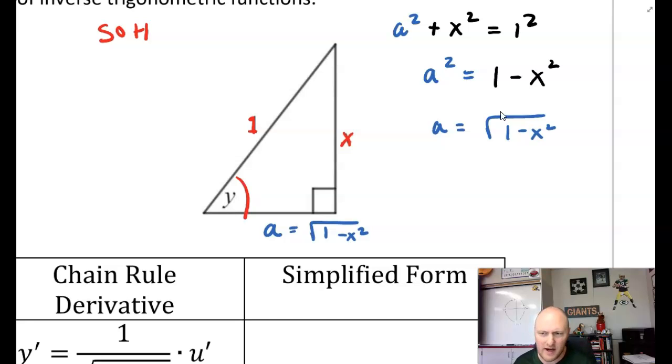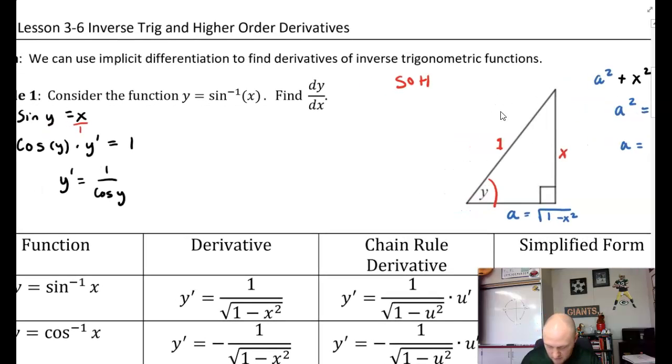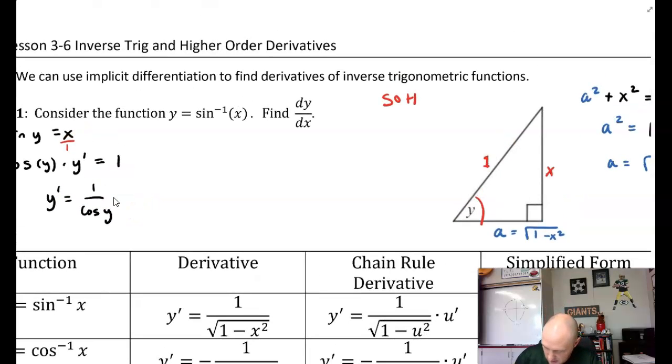But why did I do that? Well, remember, I have the derivative of arc sine as 1 over cosine of y. So what I want to do is substitute out cosine of y. And so off to the side here, I'm going to say, okay, cosine of y. Well, remember SOHCAHTOA, cosine is the side adjacent over the hypotenuse.